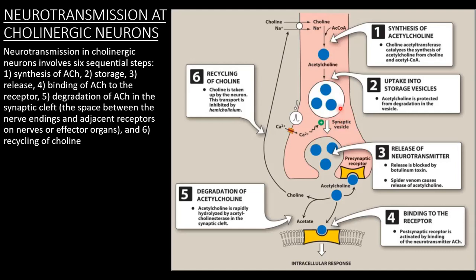Then the third step is the release of neurotransmitter. How does that occur? Once the action potential arrives at the synaptic terminal, it will cause calcium influx, and this will cause exocytosis. For this process to occur, you must have interaction of the fusion proteins found on the vesicle and the presynaptic membrane.